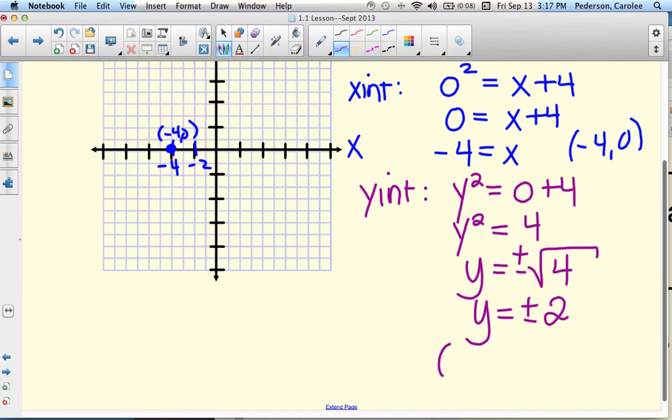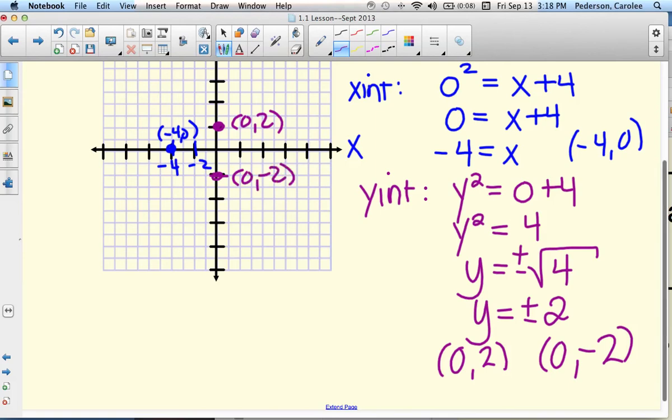So we have an ordered pair over 0, up 2, and over 0, down 2. So here's our ordered pairs (0, 2) and (0, negative 2). And if you're curious what this graph would look like, it would be a parabola that opens to the right.